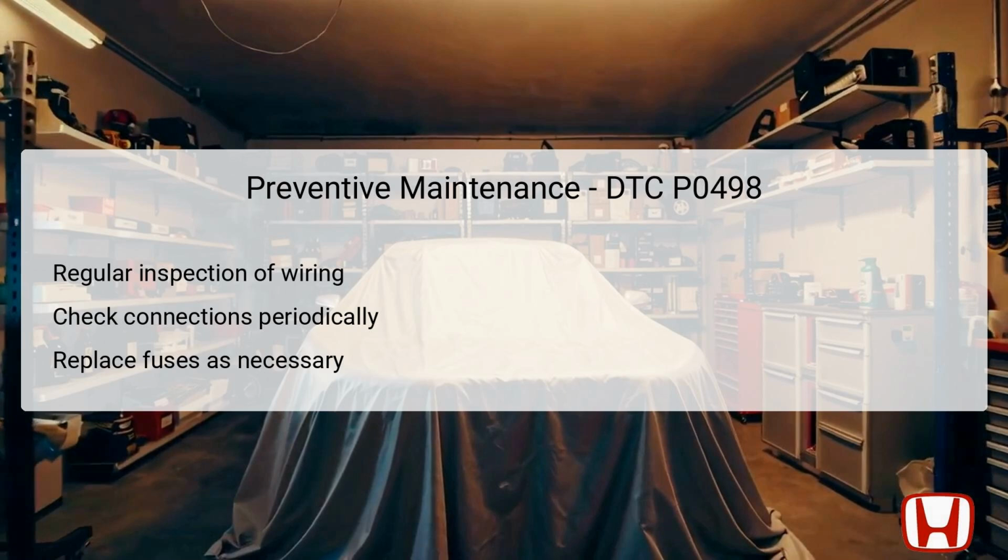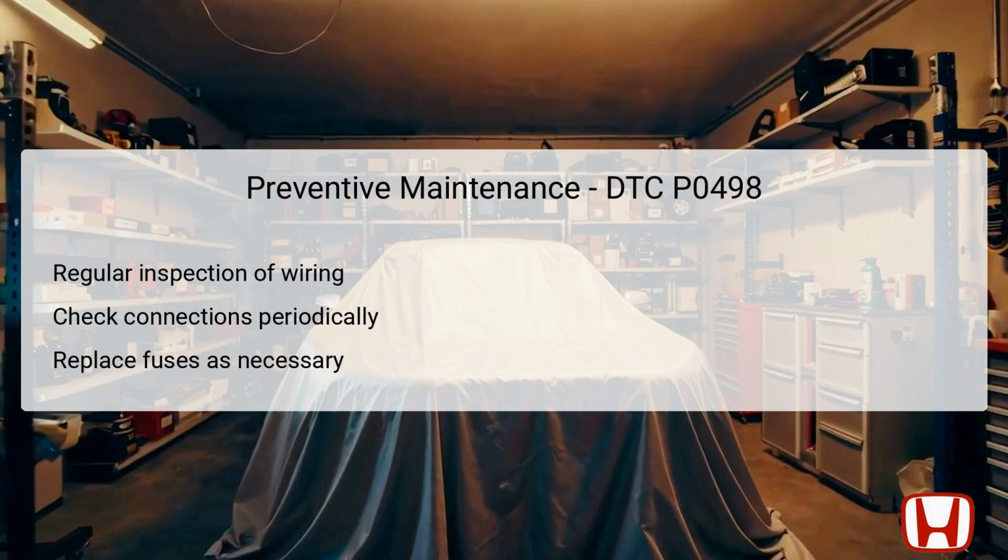Preventive maintenance is essential to ensure that issues like DTC P0498 do not arise in the future. Regular inspections of the wiring and connections of the EVAP system can help catch problems before they escalate. Additionally, checking fuses regularly and replacing them as needed can prevent unintended electrical failures.